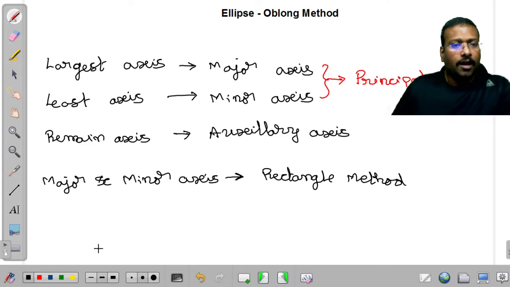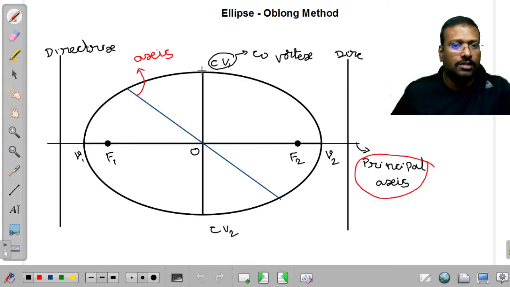Now when auxiliary axes are given, here also two things are there. Auxiliary axes whose angle is not equal to 90. Let us consider this is one auxiliary axis, this is another auxiliary axis.